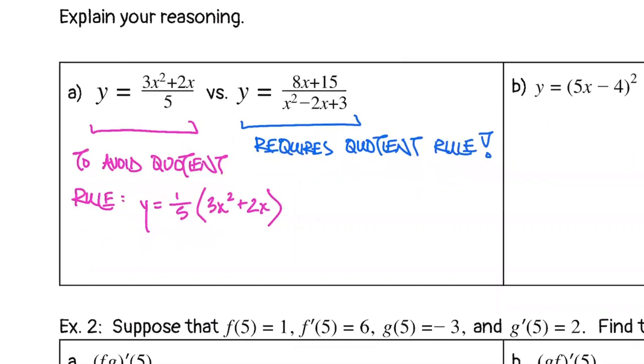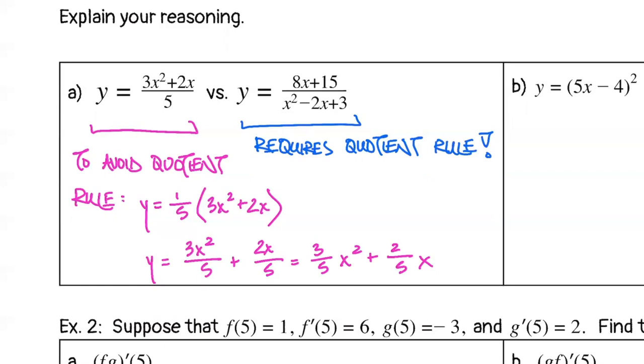The other way that I think might be also valid is we could take this and split it into 2 fractions. And then we have one constant multiple plus another constant multiple. Okay, so any of these ways of rewriting help us avoid the quotient rule.